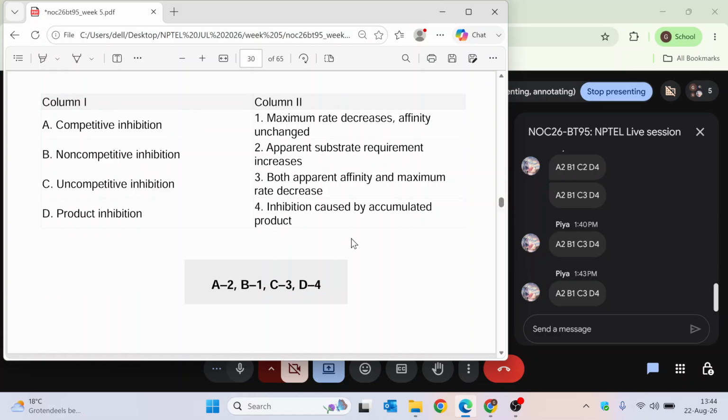When we talk about non-competitive inhibition, here the inhibitor is not in any competition with the active site of the enzyme, but rather it binds to another allosteric site, and this can happen in both the free enzyme as well as the enzyme substrate complex.